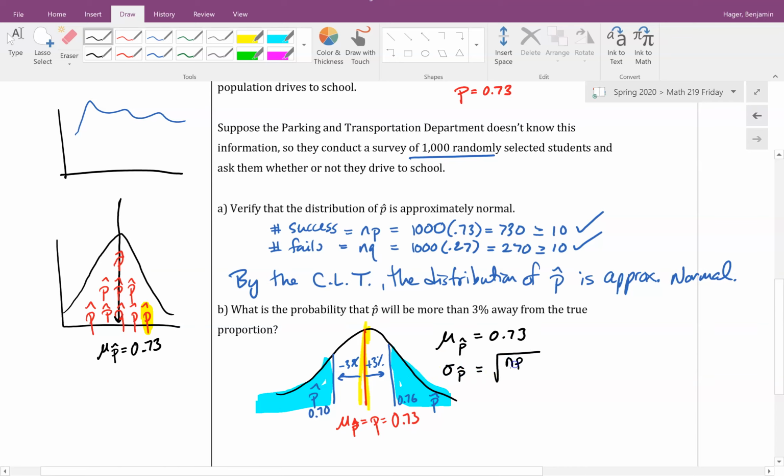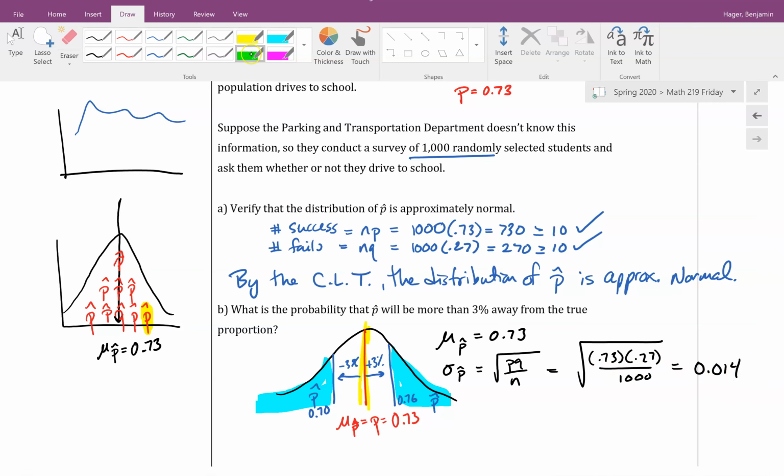It's the square root of P times Q over N. So if I plug in these values, P is 0.73, Q is 0.27, and N is 1,000. That is 0.014 if I calculated it right. So StatCrunch is going to need those two numbers from me so it knows exactly what the shape of this distribution looks like, and I can then calculate probability.